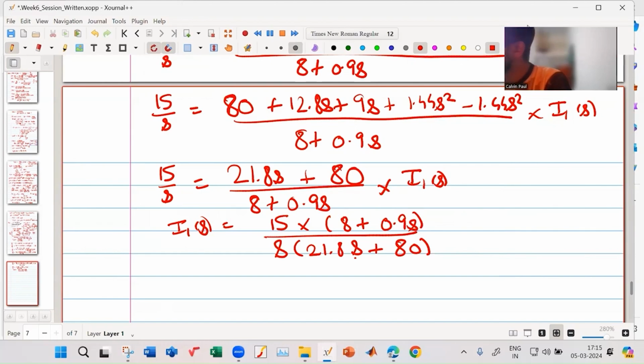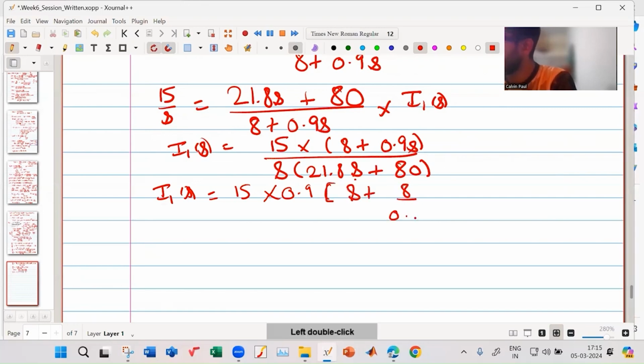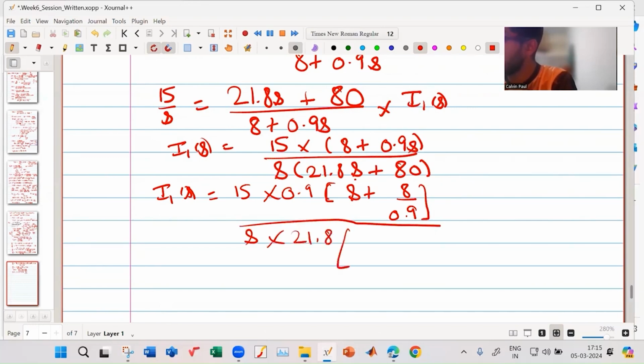So what I do is I1 of s is equal to 15, I will take 0.9 outside. So it becomes 15 into 0.9 into s plus 8 divided by 0.9, upon s into 21.8 into s plus 80 divided by 21.8.